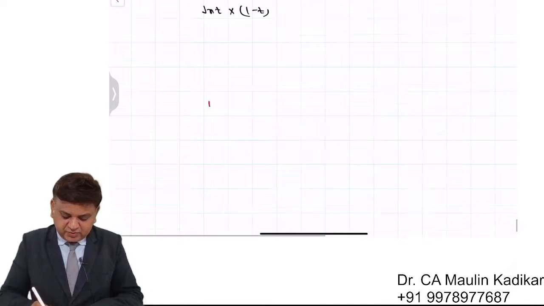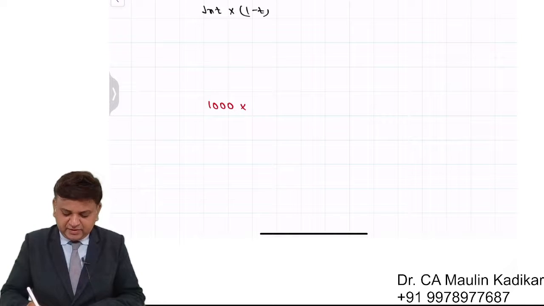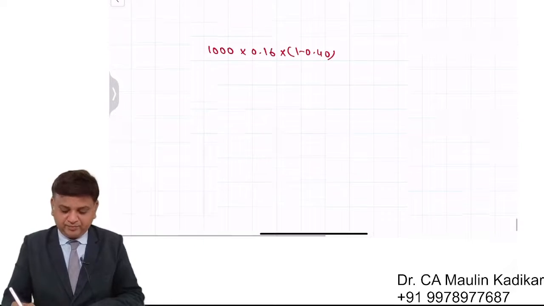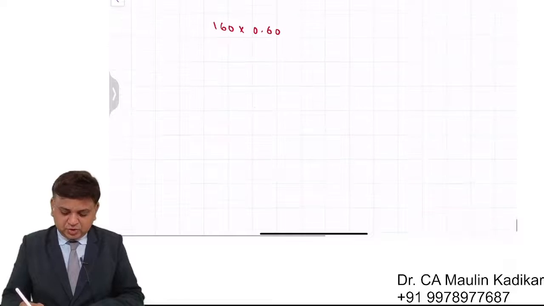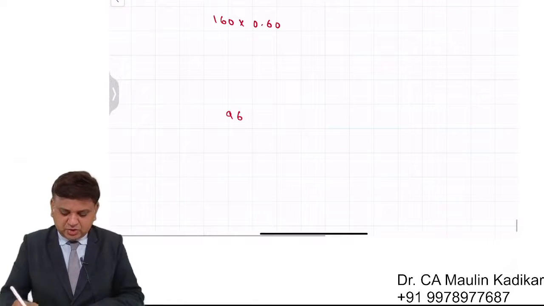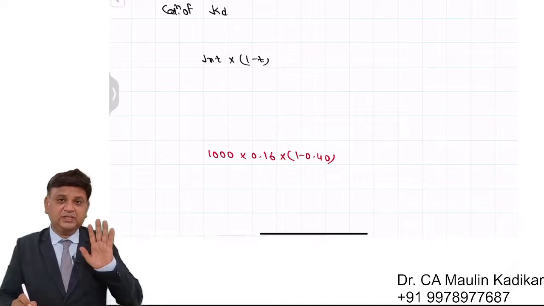Face value of the security is 1000. What is the rate of interest? It is 16%. What is income tax rate? 40%. So what will happen? It is 160 into 0.6. So on post-tax basis, cost of interest is 96. That is interest into 1 minus t.